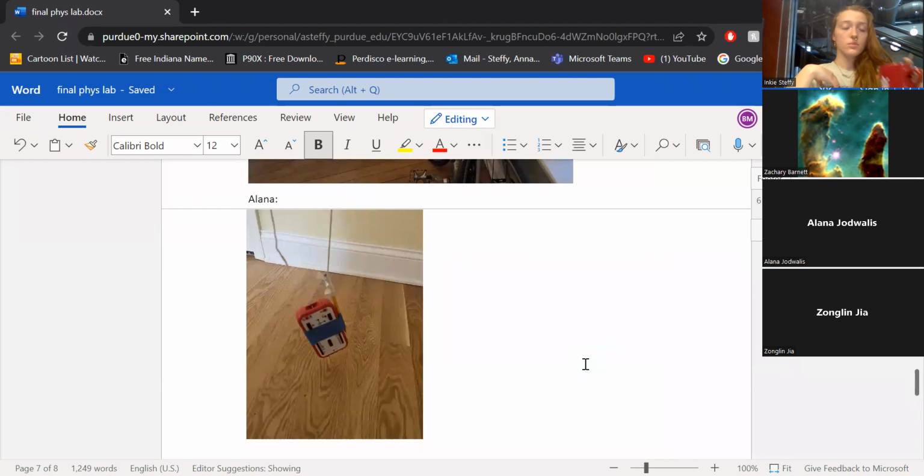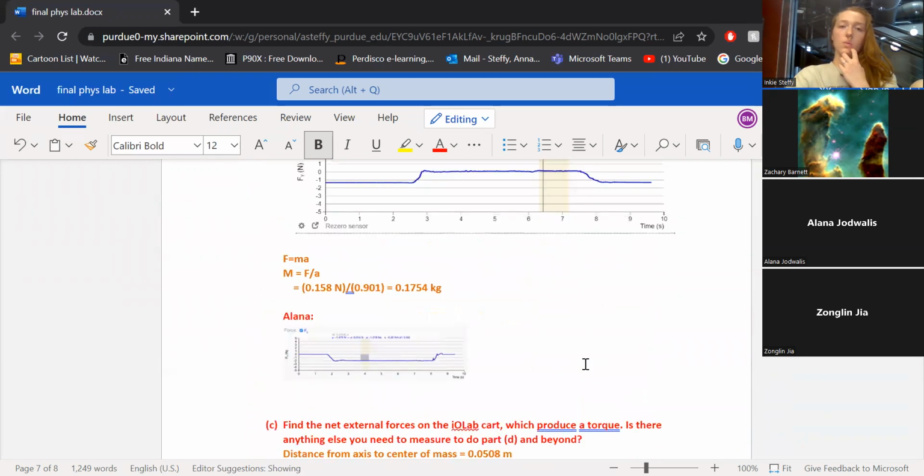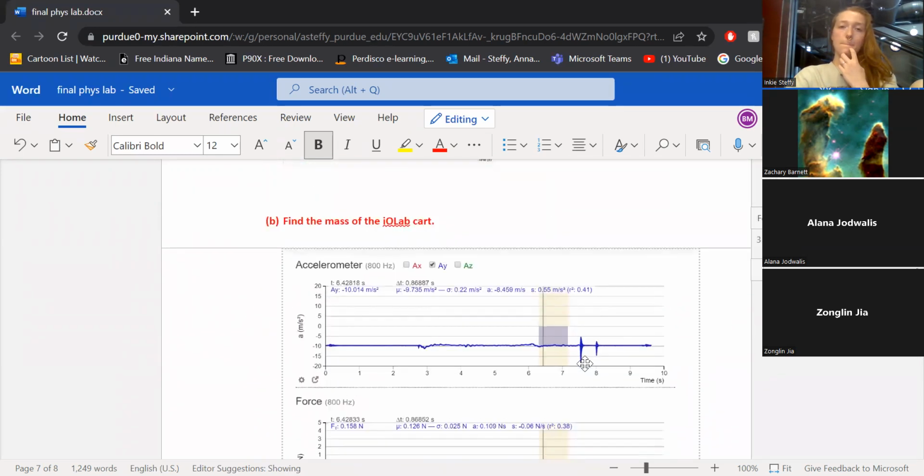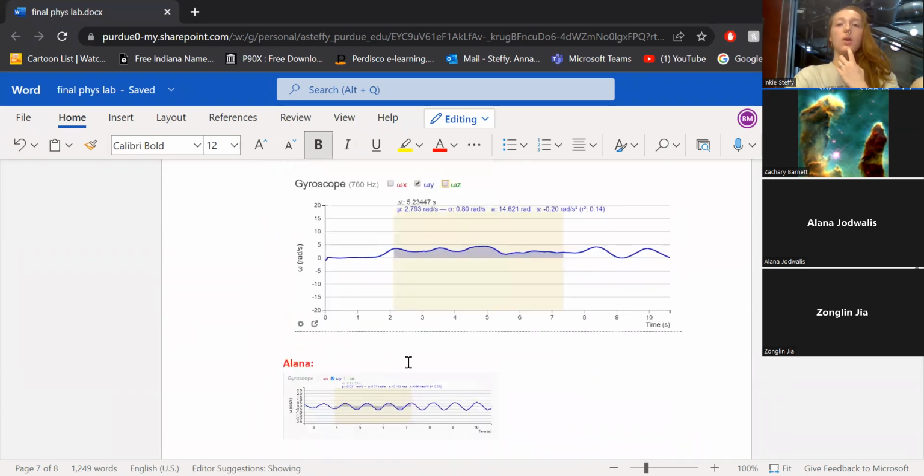I think that might have messed up some of my calculations, but I did use the parallel axis theorem for my calculations. But I wasn't sure what to use on the first graph for the angular acceleration. Like this? Yeah, I wasn't sure what point to use.